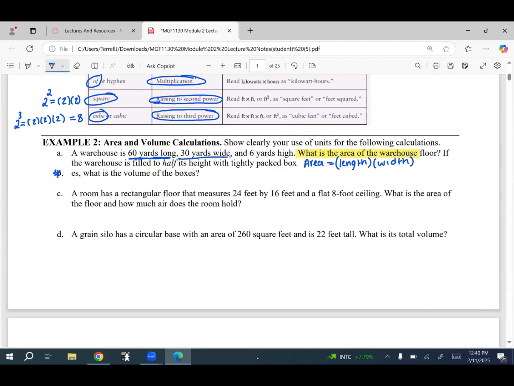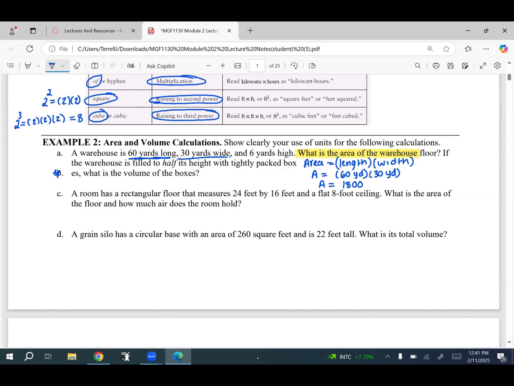So if I'm doing that, that is A for area equals, I'm going to do 60, I'm doing YD as an abbreviation for yards, times 30 yards. And you would get 60 times 30 is 1800.